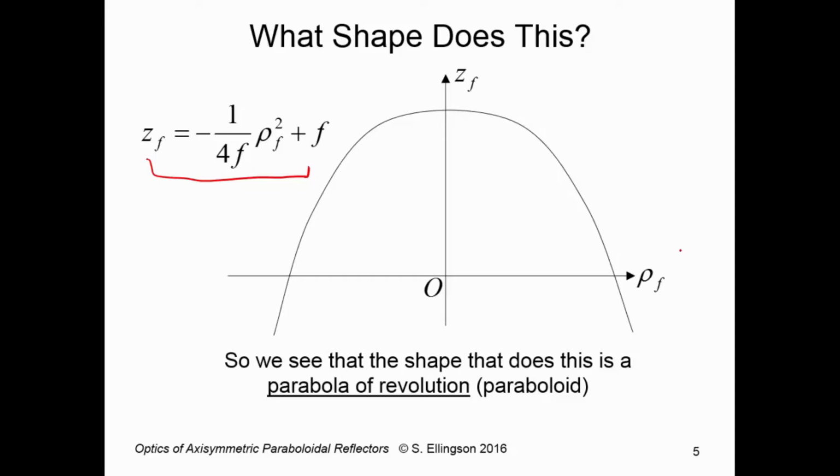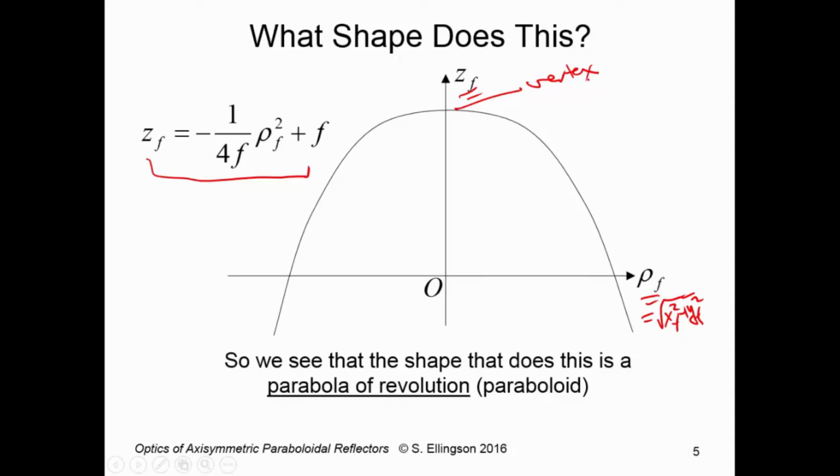And the way to look at this is in the feed coordinate system. So here's rho sub f. Remember, that's the square root of x sub f squared plus y sub f squared. So that's the radial dimension from the axis of symmetry. This is pointing back towards the vertex. So that is going to be the vertex.